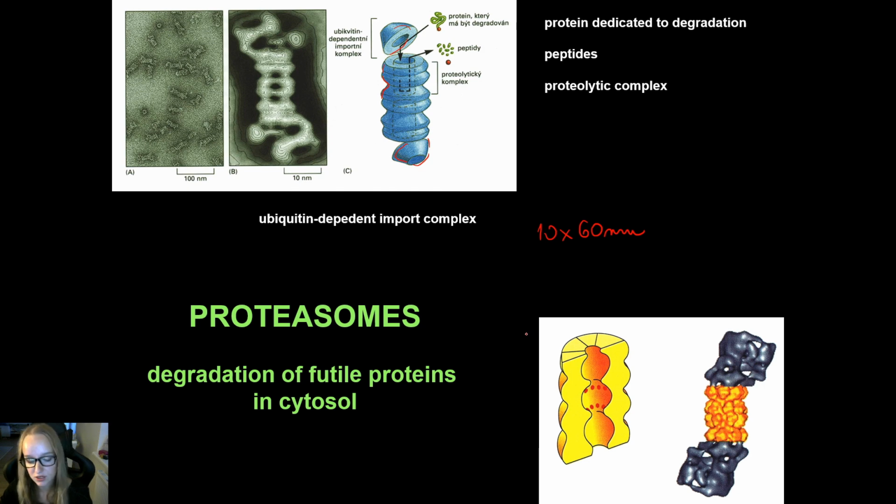If there is a protein that is set for degradation, it has to be marked with ubiquitin. So there is this protein that is old and needs to be degraded, and really ubiquitin is a small protein that marks the protein that is set for degradation.